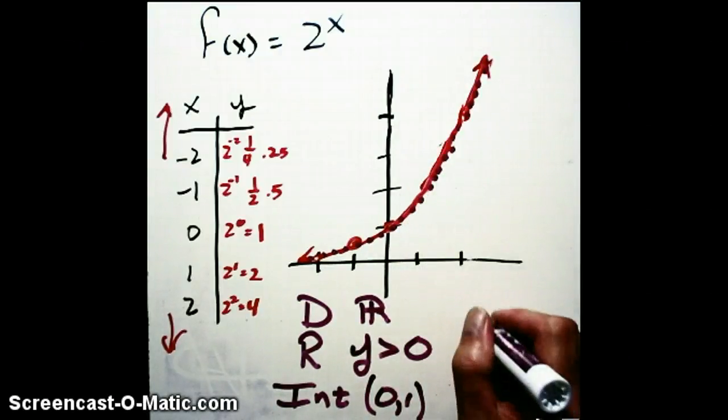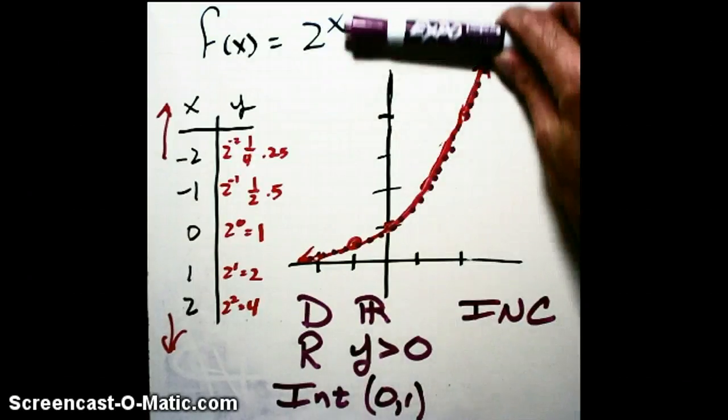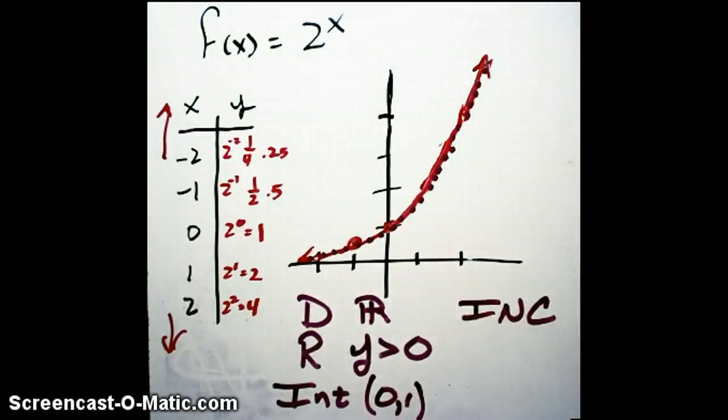So the function is increasing. And another question would be, does the function have an inverse? Well, it passes the vertical line test. It is a function. And it passes the horizontal line test. So yes, it does have an inverse.